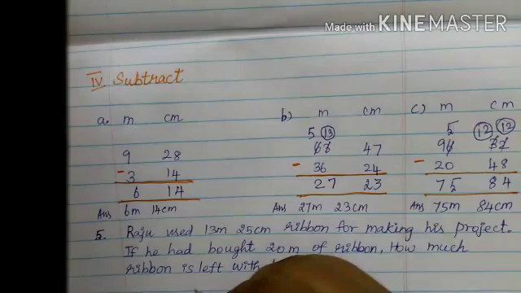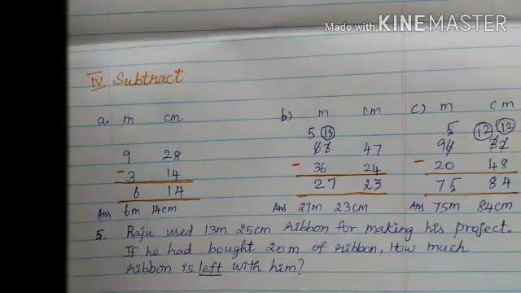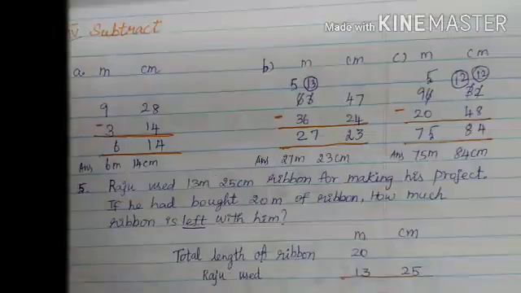Left. So left means you do subtraction. Already you know you arrange meter and centimeter first, then you do subtraction.